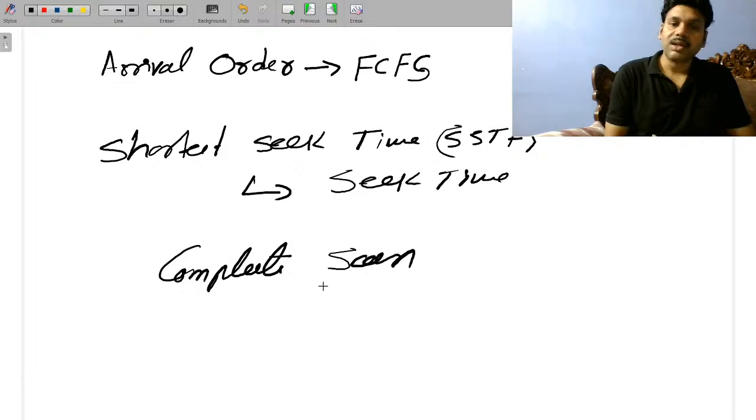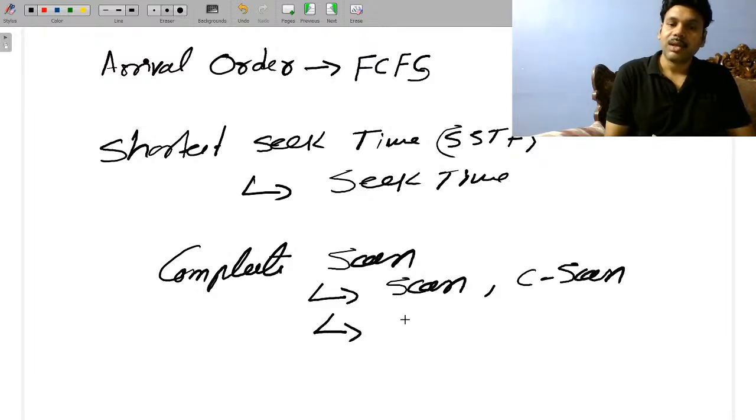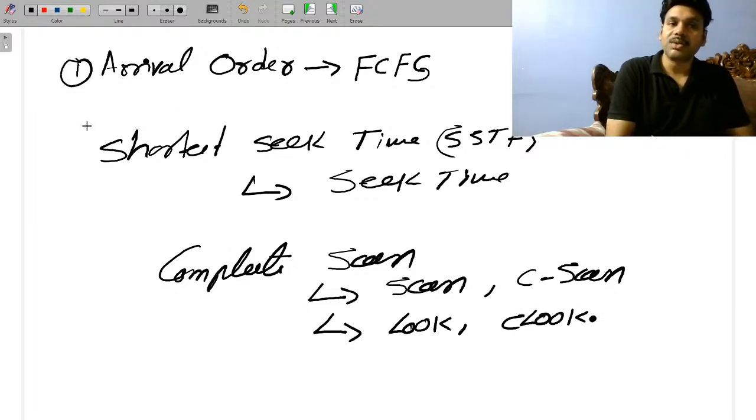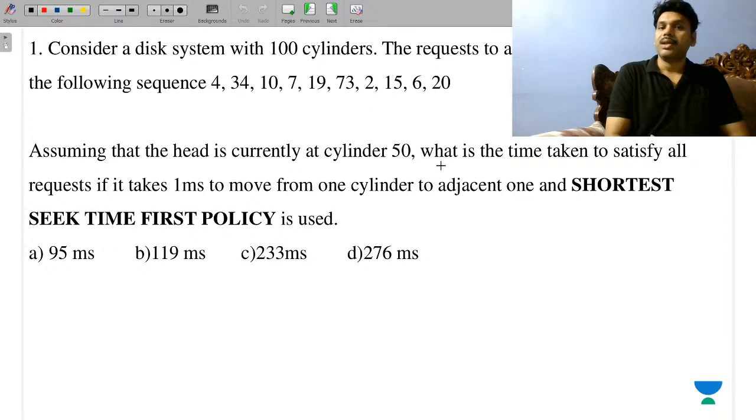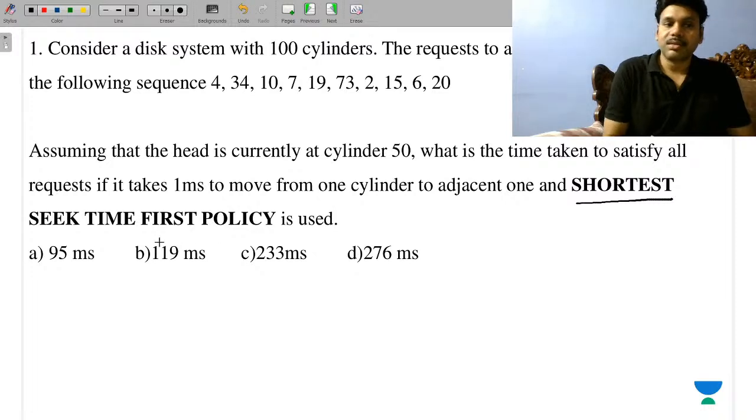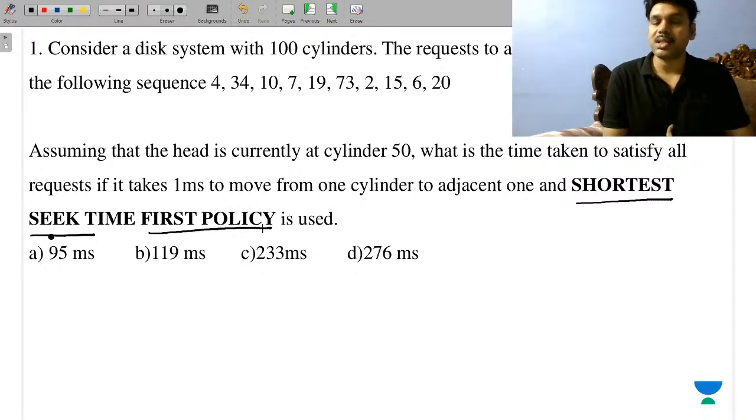In that scan family, you have a few varieties like SCAN, circular SCAN, LOOK, and C-LOOK. You are going to get questions based on these three kinds of algorithms. First, let us answer the first question, which is based on shortest seek time first. Almost all questions in the GATE examination so far in history are based on SCAN and SSTF. Very rarely will you see LOOK and first come first serve examples.